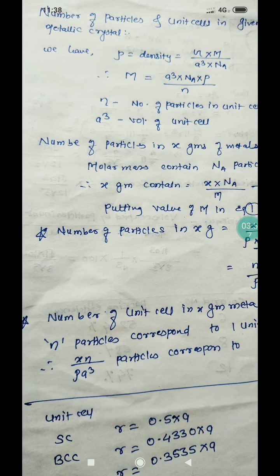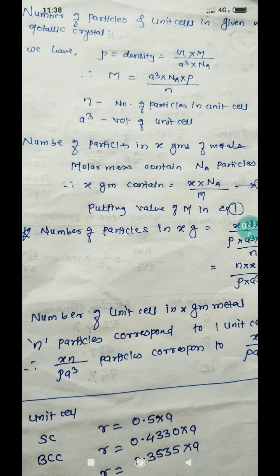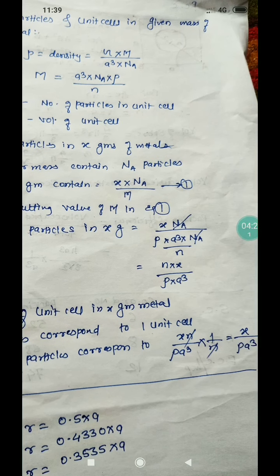So here now the number of particles in x gram is xn upon rho into volume, that is a cube. Okay, these are the number of particles in x grams of metal. So the particles corresponding to the cell is xn upon rho into a cube multiplied by 1 by n.